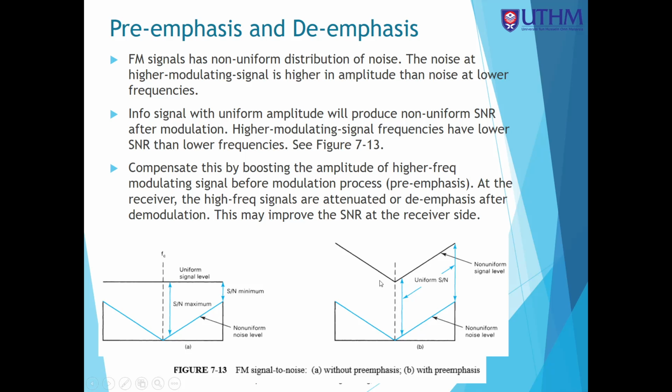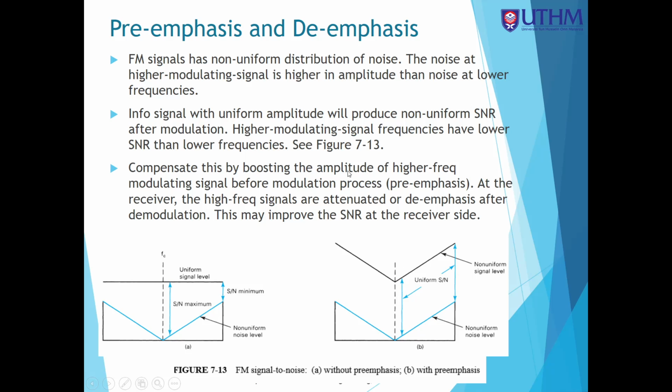Okay, for example, like the picture on the right side is with the pre-emphasis and also de-emphasis process. So you see that if we increase the amplitude of the input signal before the modulation process, so we can make sure that the output SNR is uniform, tidak kira sama ada nilai FM itu tinggi ataupun rendah.